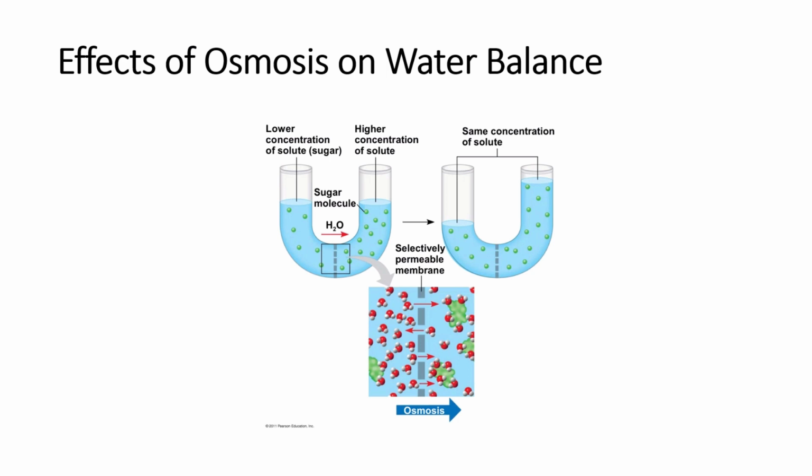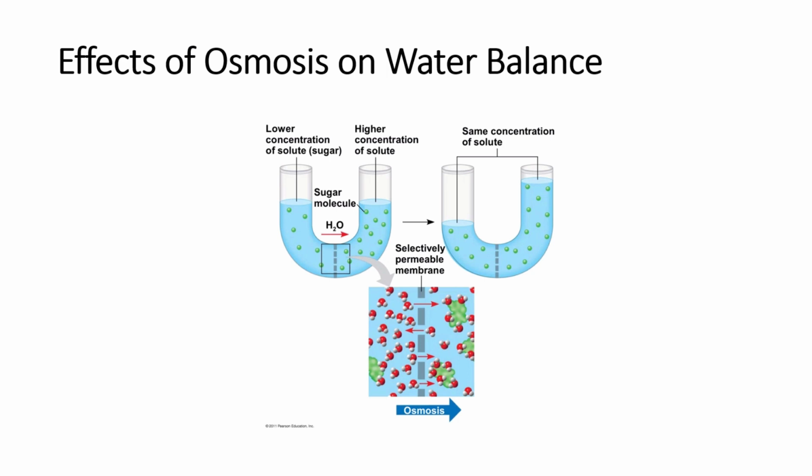So in this picture, the water is going to go from where the solute is less to where the solute is more. On the picture on the right side, we see that the solute concentration ends up being equal on both sides now, right?